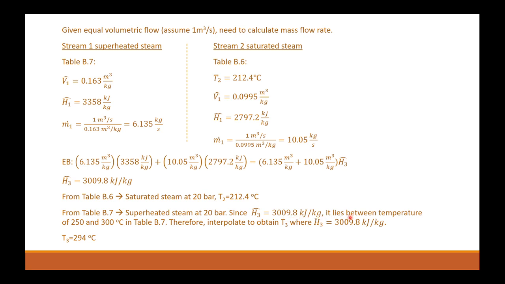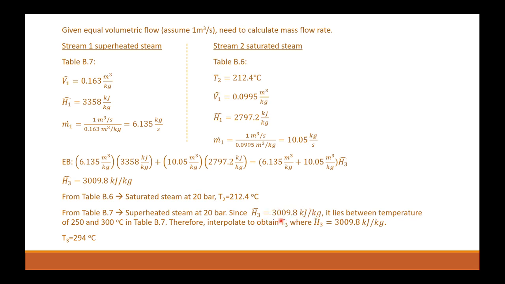Okay, if we look at the table, it lies between the temperature of 250 and 300 degrees Celsius. So you open table B.7, okay, check out H3, check out 20 bar, okay, check out their H in which the value lies smaller or larger than this value.